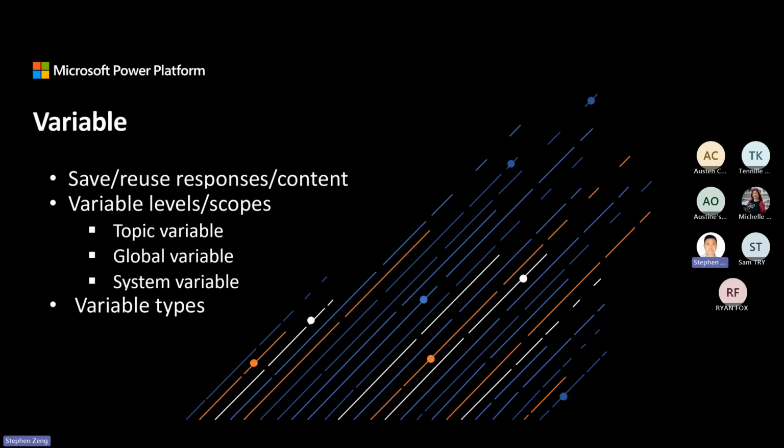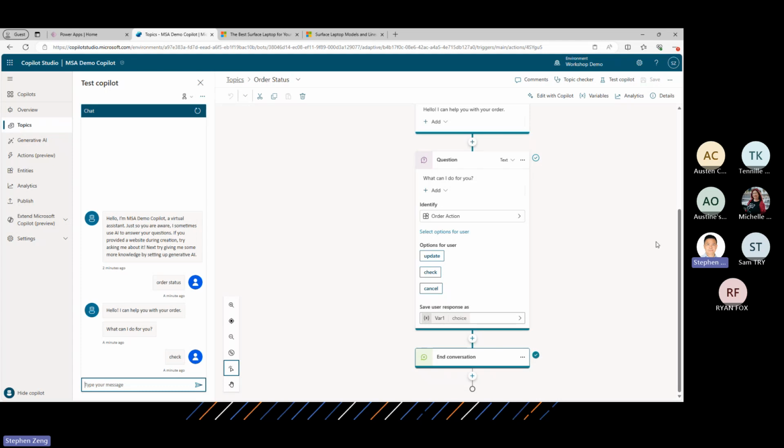A variable is a place for you to store values, and there are different types of values you can store, for example, text or number, etc. Let's have a quick look at how we can use variables in Copilot Studio. In the order status topic, as you can see, I just added a question, in which I provided the options to the user.